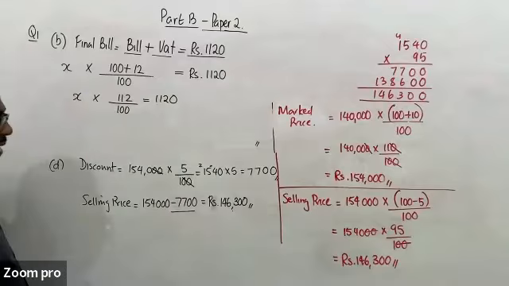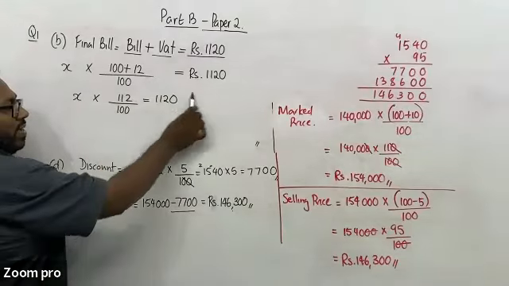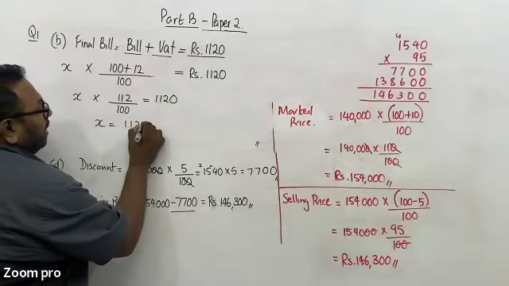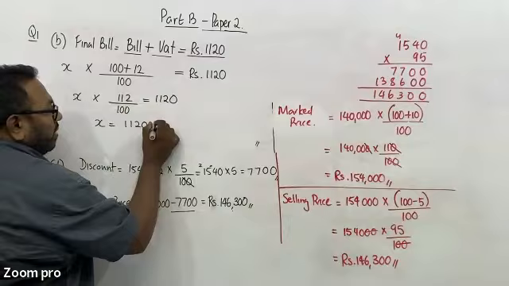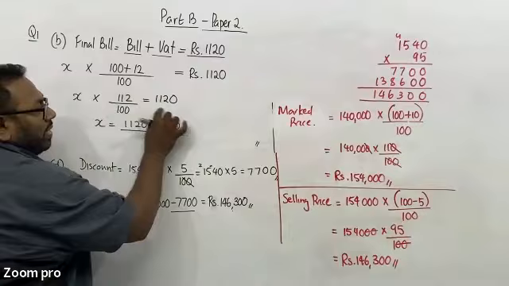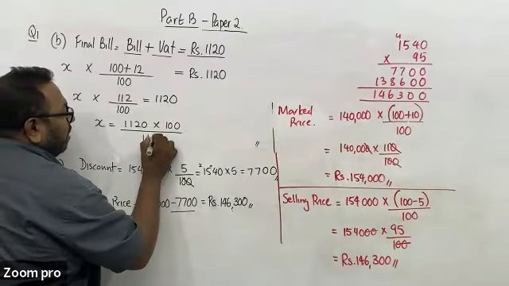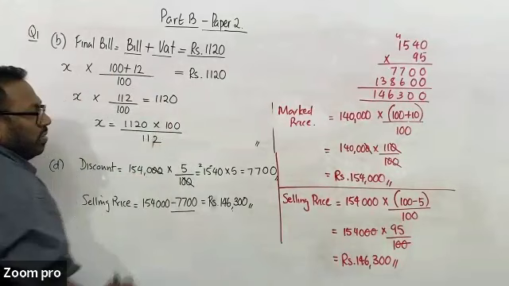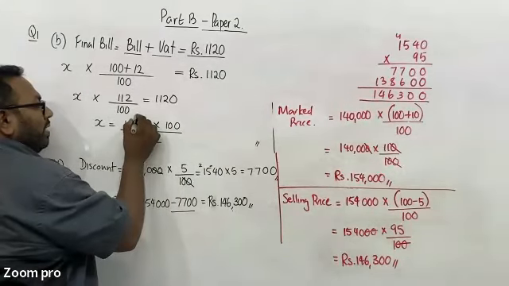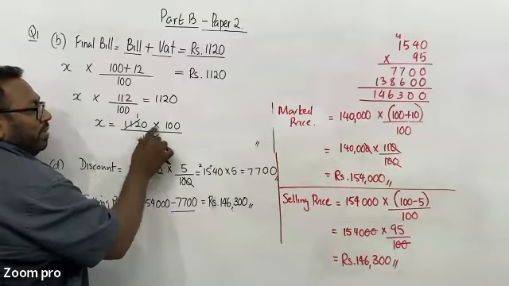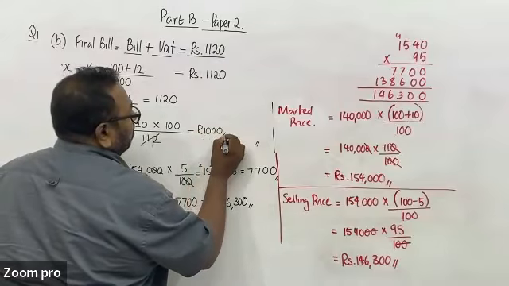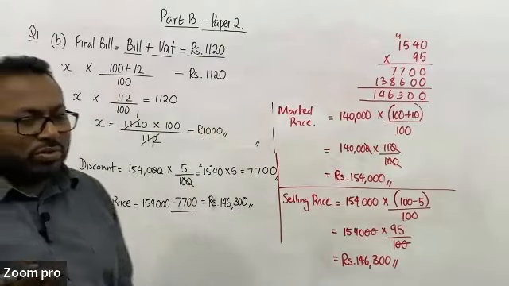Now what are you going to do? We will keep X here, take everything else out. So X is equal to 1,120, 100 comes here, divided by 112. So this 112 will cancel 10. 10 multiplied by 100 is 1,000. So what is 1,000 rupees?